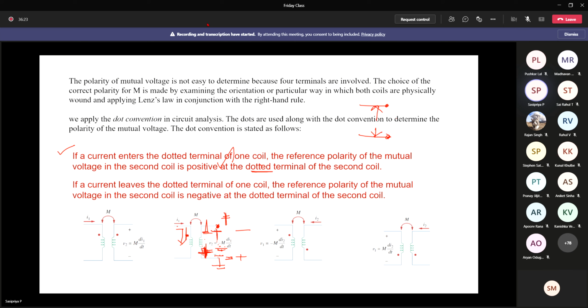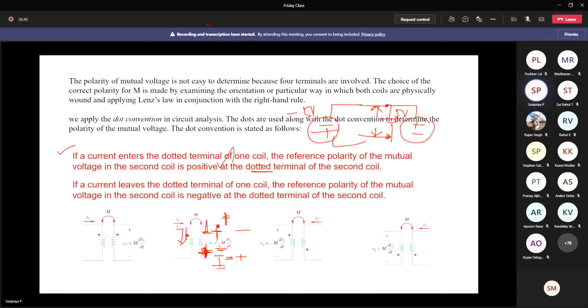When I measure with a voltmeter at this side with respect to this, I will have plus 5. Instead, if I connect my voltmeter the other way, then obviously this will give us minus 5 volts.